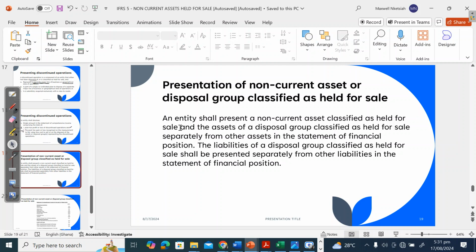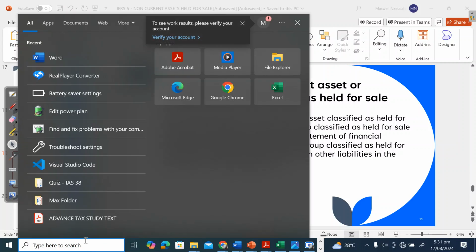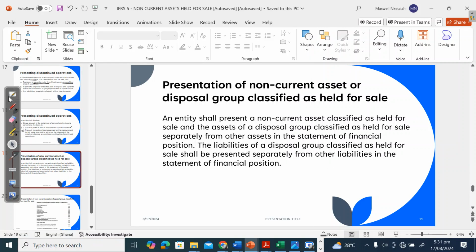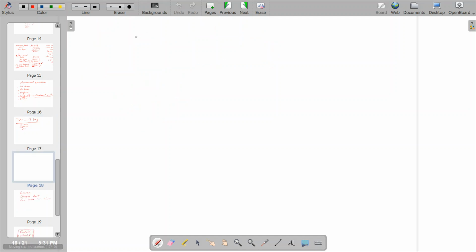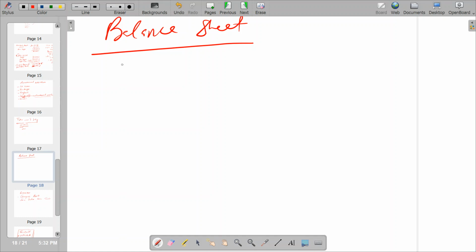So what happens is, if you take a financial statement, we don't mix the disposal group assets with the other assets, the other parts of the business that are still in operation.